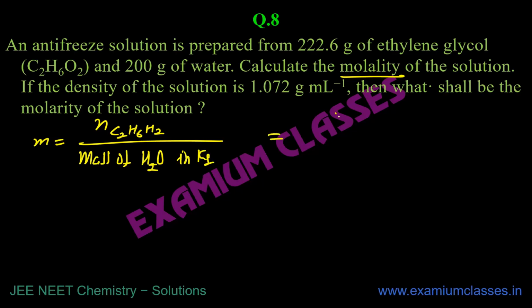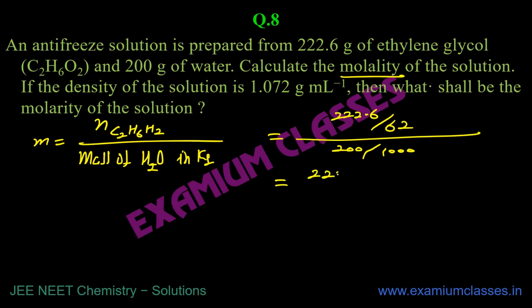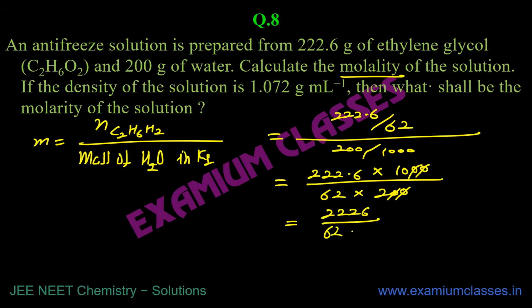Means given mass divided by molar mass of ethylene glycol, divided by mass of water in kilograms. Means 222.6 into 1000 divided by 62 into 200, means 2226 divided by 62 into 2. Simplify that.